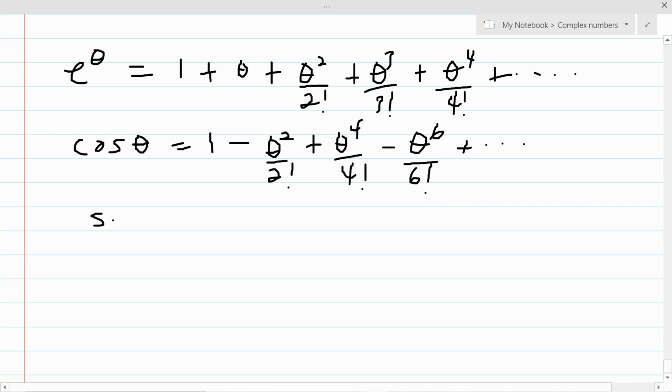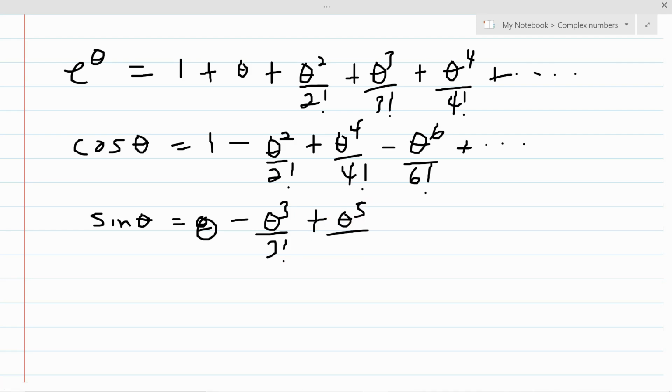And sine theta is equal to theta minus theta cubed over 3 factorial plus theta to the power 5 over 5 factorial minus theta to the power 7 over 7 factorial plus like that.